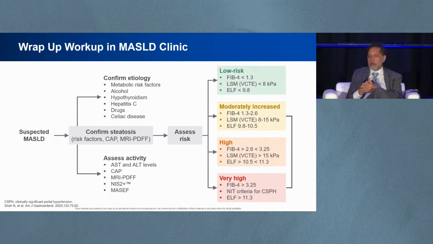So I might use an upper cutoff of 10.5 for the ELF, and for VCT I would prefer 20 as my cutoff, although the guidelines say approved for 8 to 15. So my practice is a little different than the practice guidelines, because I think there are plenty of people between 15 and 20 who are not cirrhotic. But let me hear from you.